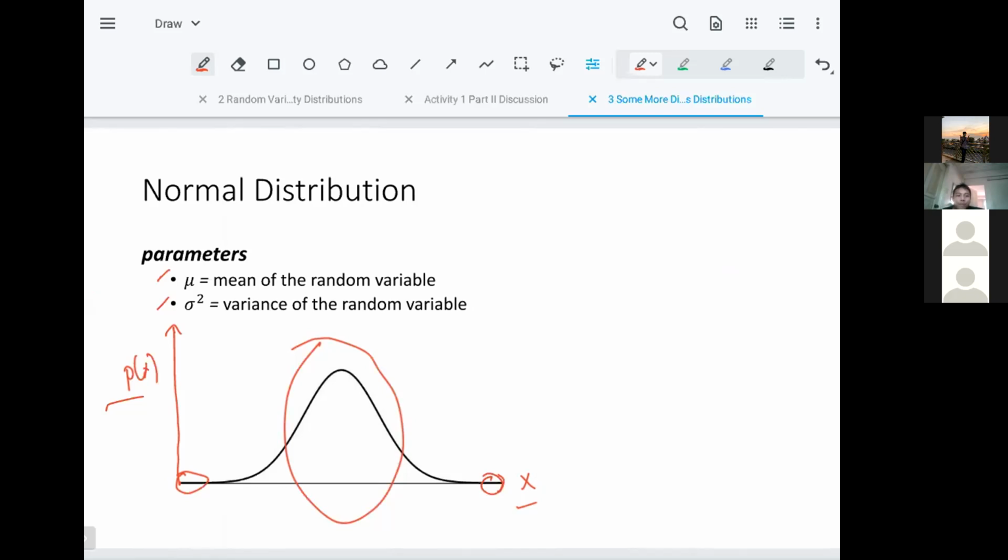Ano pa ba? Meron ba kayong gustong example? Reaction time. Reaction times ha? Mouse click. Malamang-lamang, hindi ko pero malamang-lamang normal din yan.